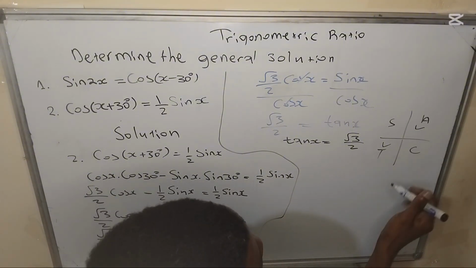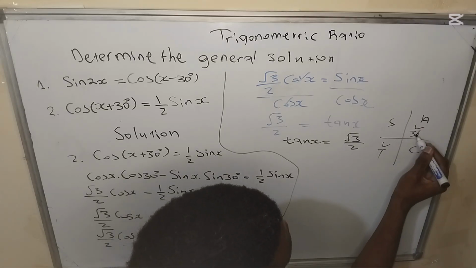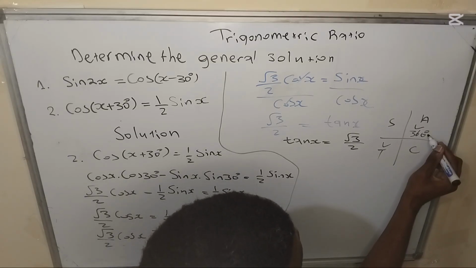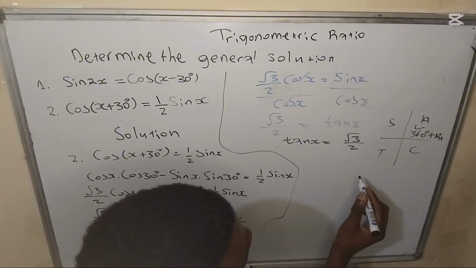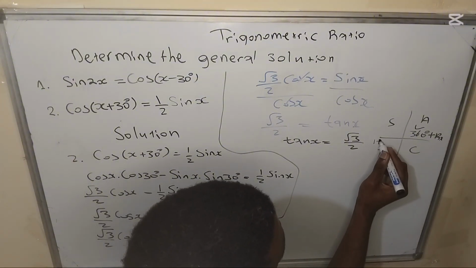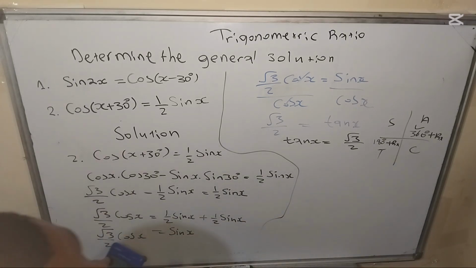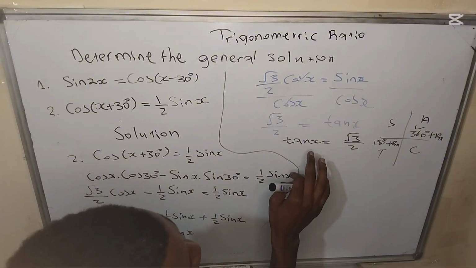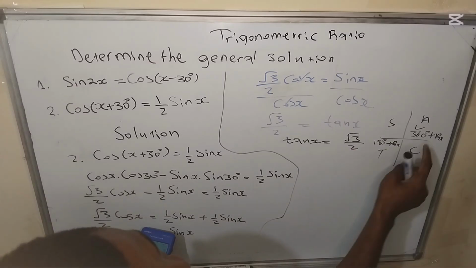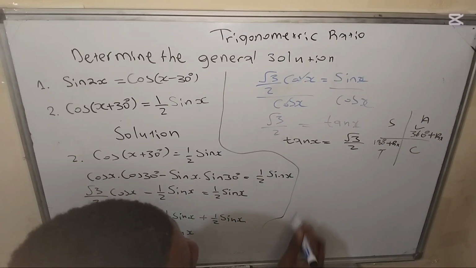We are going to use the reduction formulas: in the first quadrant, 360 degrees plus reference angle, and in the third quadrant, 180 degrees plus reference angle, because positive angles go anti-clockwise but negative angles go clockwise. Then let's find our reference angle.